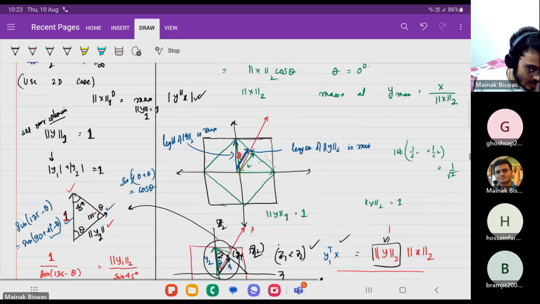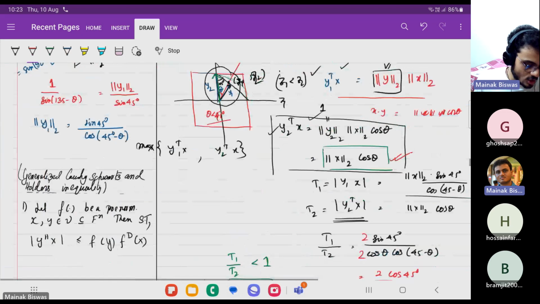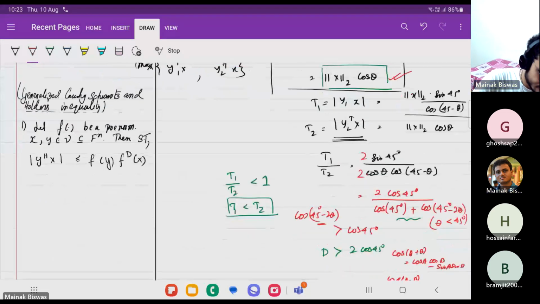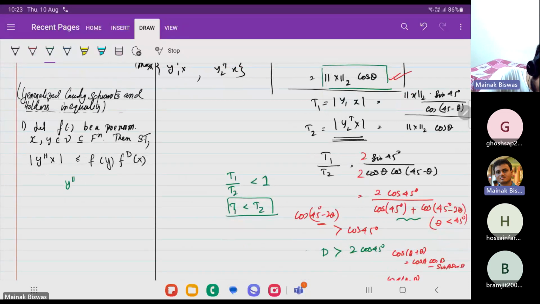Next is what is known as a generalized Cauchy-Schwarz inequality. Well, this is very trivial. Once you have understood this, it will be just a one-liner. So can you tell me how to prove this? So we have seen the Cauchy-Schwarz inequality, and we have also seen Holder's inequality, which I said I will do on the next day, Saturday probably.